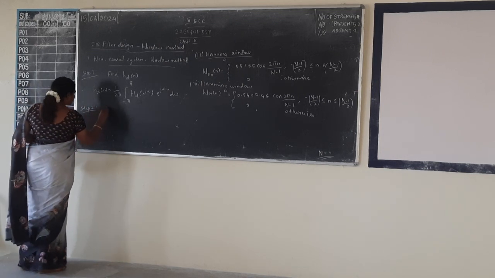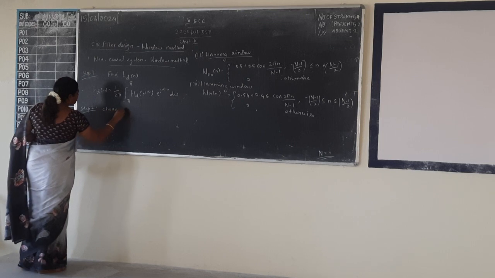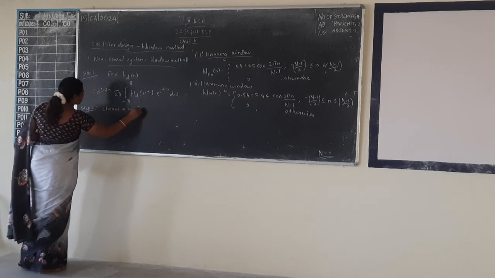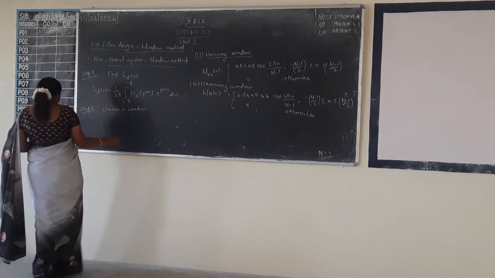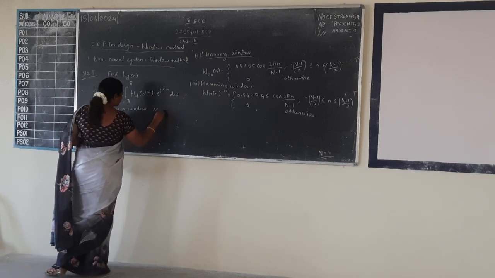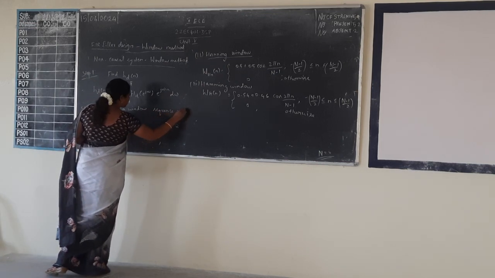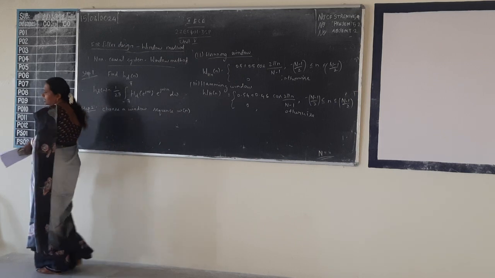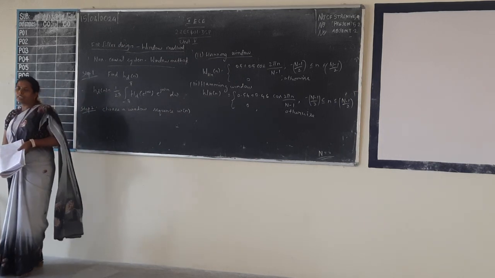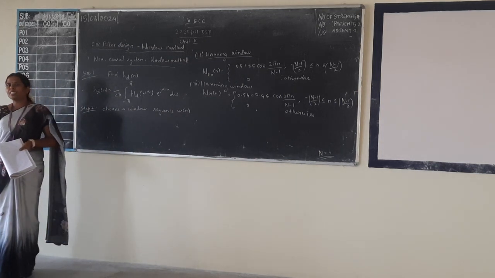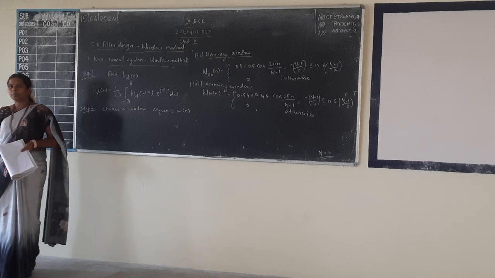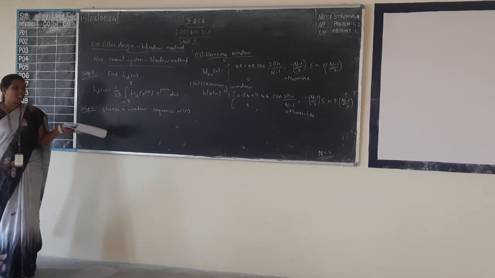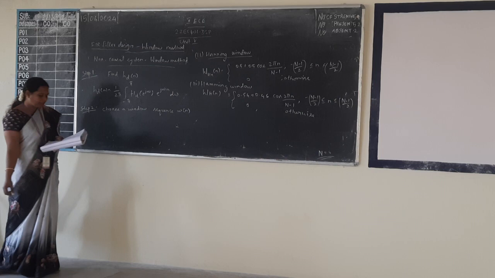Step 2. Choose a window sequence W of n. The question itself will say by which window method we have to do it.